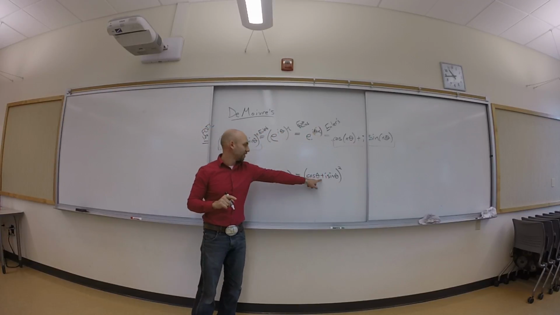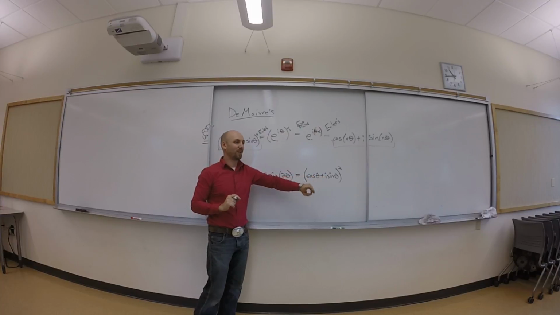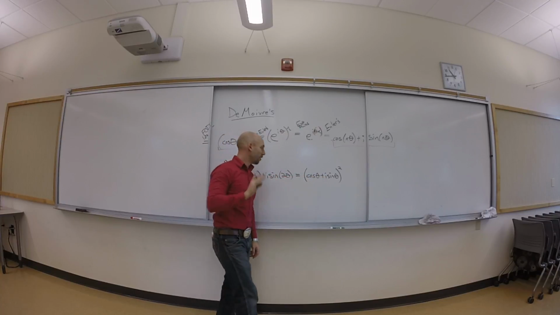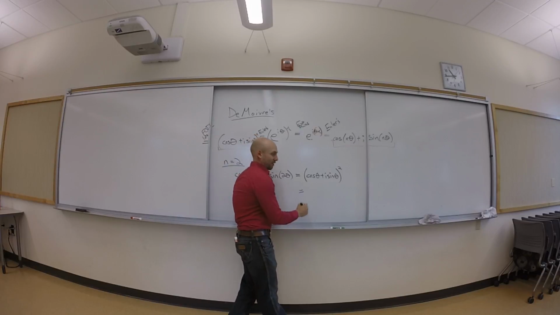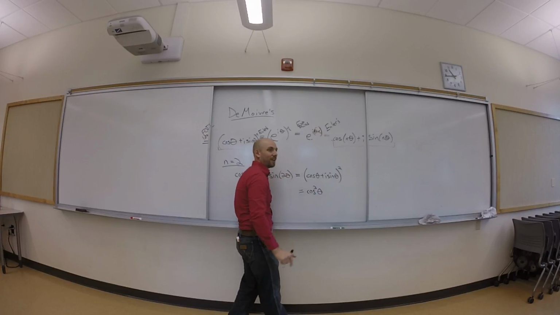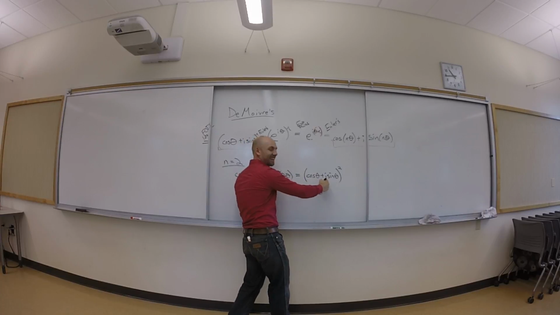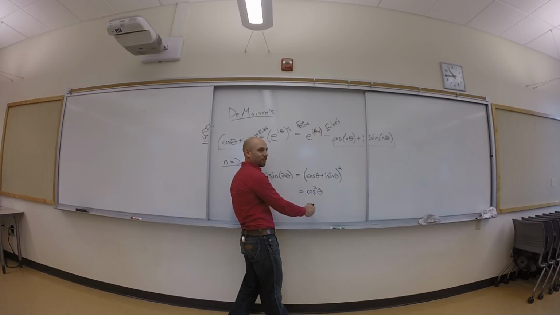If you FOIL this thing out, you might note, by the way, that it's a perfect square trinomial. So if you FOIL that thing out, what do you get? 1. Don't do that. Remember, you have to FOIL. You get the middle terms. And also there's an I in there which wreaks havoc with your cosine squared plus sine squared. You guys see that? So I got cosine squared out of the firsts.